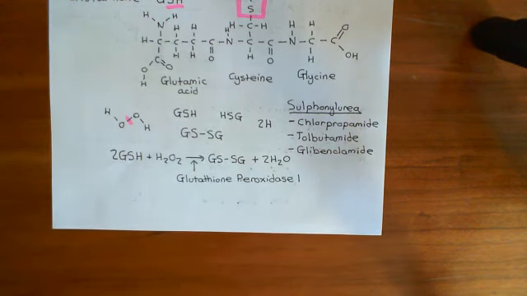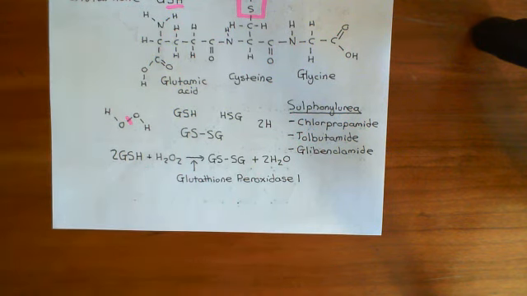So what do they do? They cause the beta cells to release insulin, and the way they do this is they bind to the sulfonylurea receptors, and they stop the sulfonylurea receptors from being able to cause the inward rectifying potassium channel subunits of the 6th type to open.